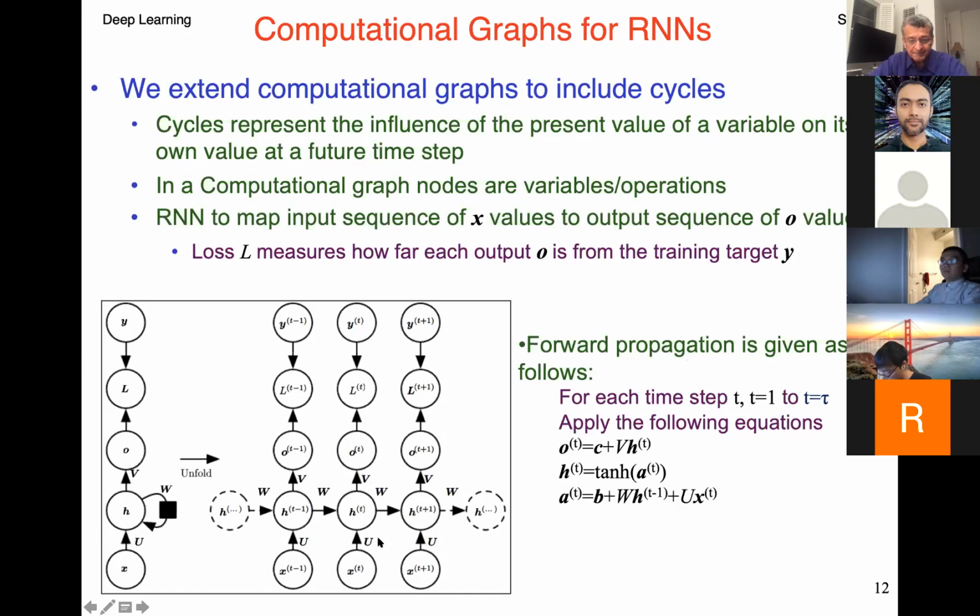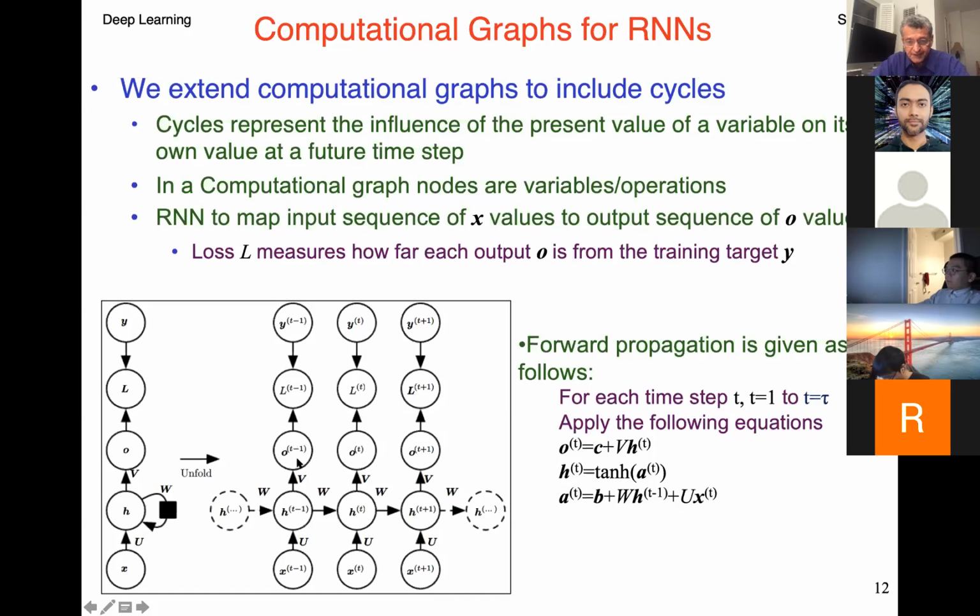So what is forward prop? For each time step t equal to 1 to t equal to tau, let's say this is the first one here, apply the following equations. O of t is equal to c plus V h. So this is saying it is a context c plus some weights V times h, what's coming in as h. So it is also using a context over here that is being used, which is the previous information, the context plus V h.